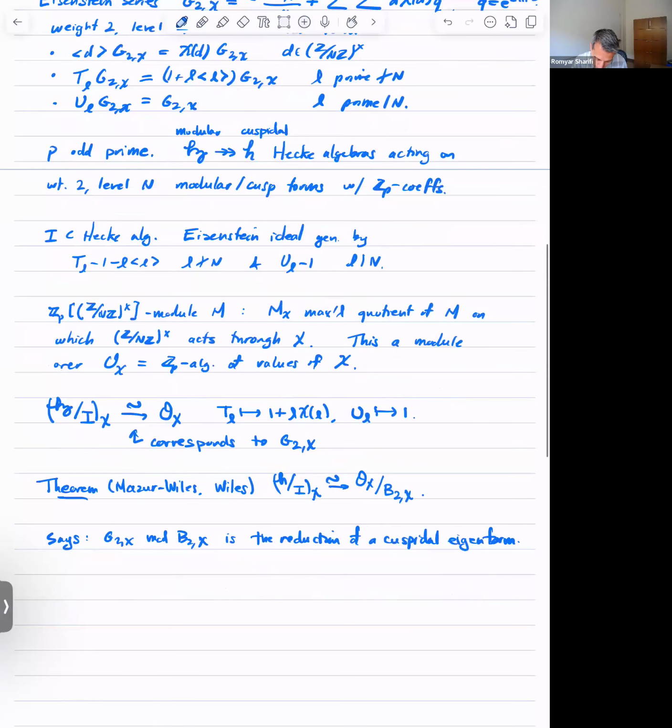So the Eisenstein ideal measures congruences between G_2 chi and cusp forms.